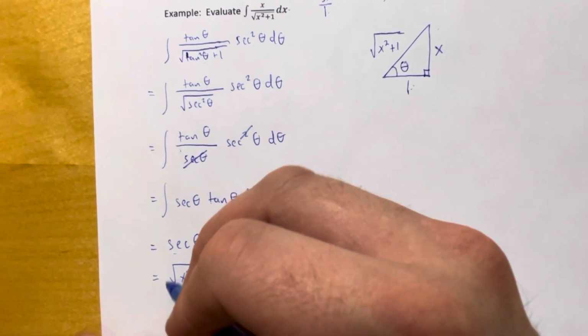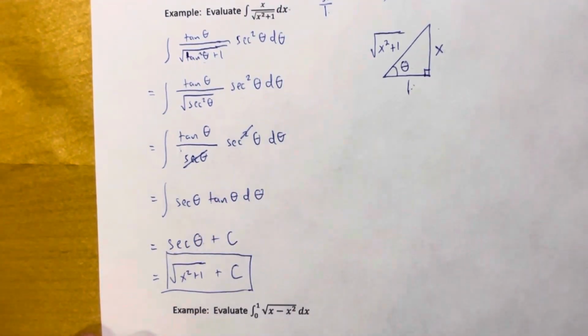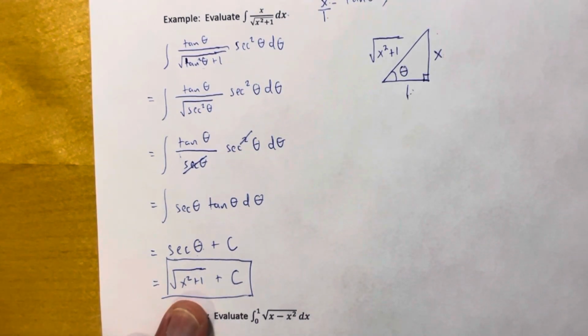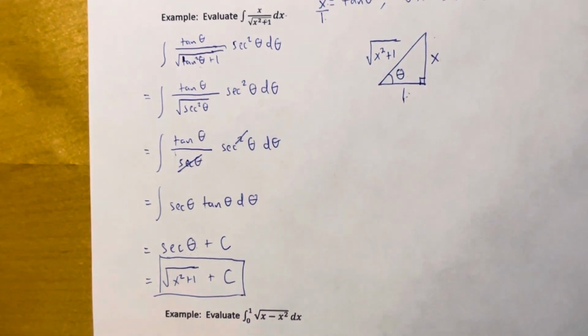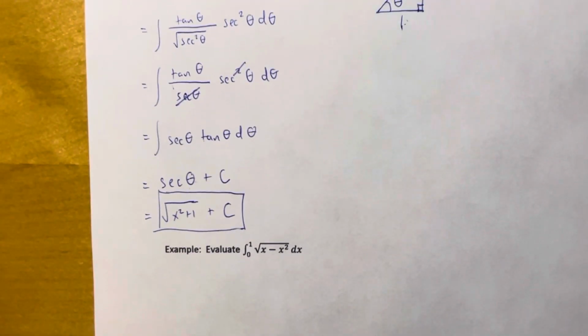And then I have plus c. This would be my final answer. Okay, this one's a little bit easier to check by taking a derivative to see if I get this. So if you want to try that, I would recommend it. We have more examples to do, but let's tackle those in the next section, or the next part.